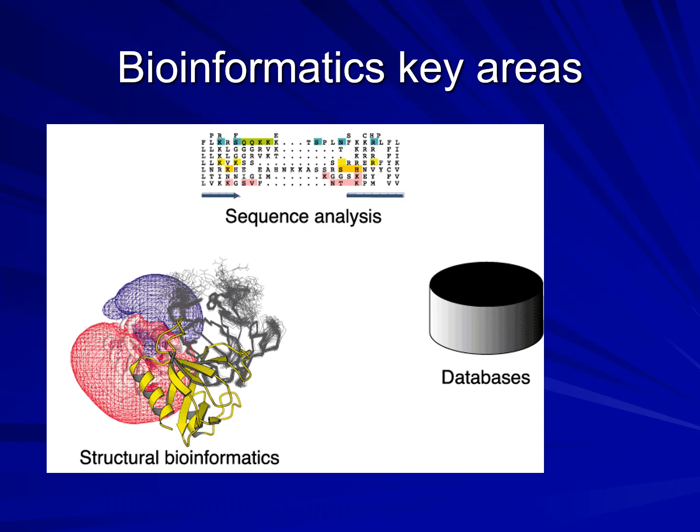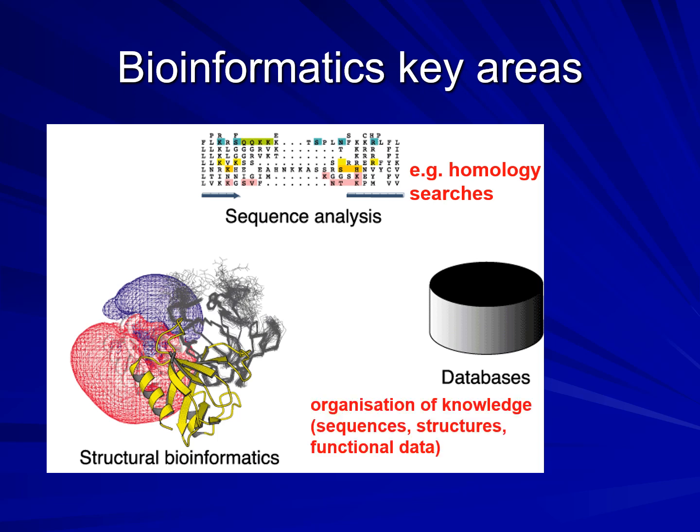Bioinformatics has key areas: sequence analysis, structural bioinformatics, and databases. There are homology searches: if you have a protein sequence, you can go for homology searches, which means you can identify whether your sequence is already studied or not.